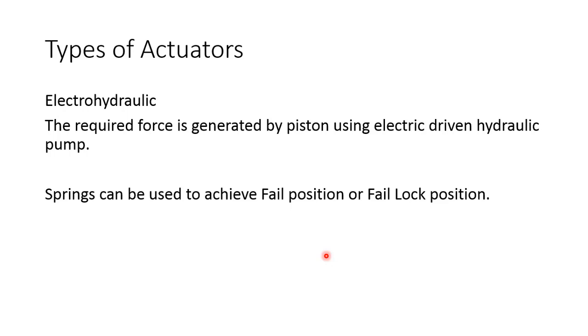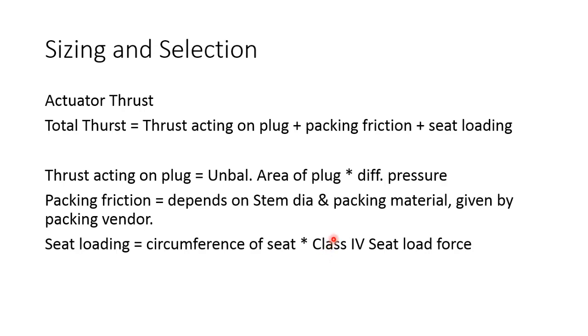Next, let us see the sizing and selection of the actuator. A typical actuator will have three parameters, basically: thrust acting on the plug, packing friction, and the seat loading. Thrust acting will be basically the area of the plug, unbalanced or balanced, times the differential pressure.